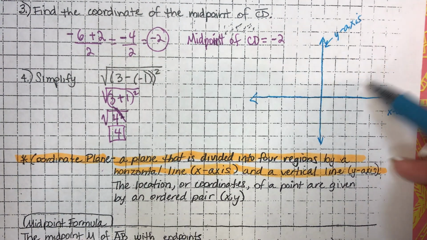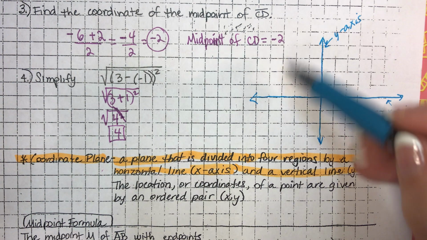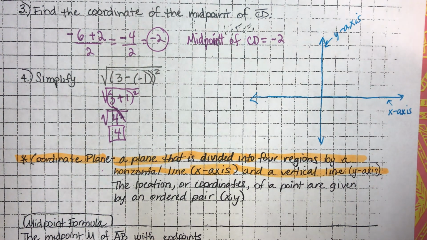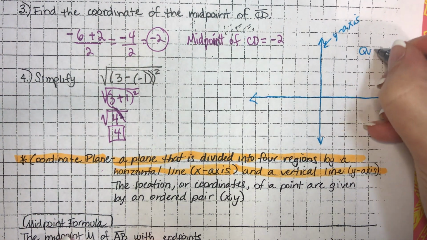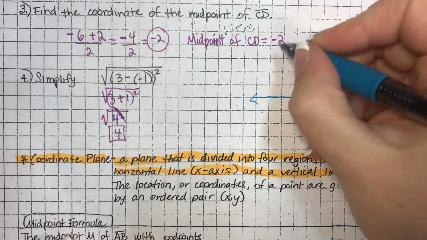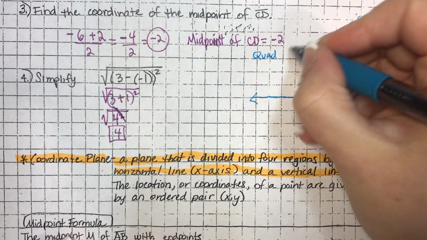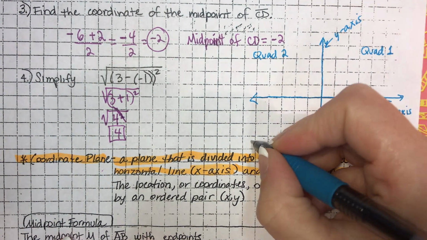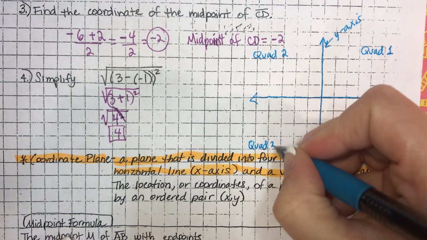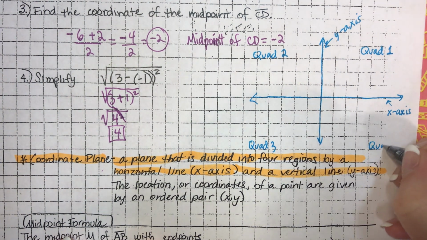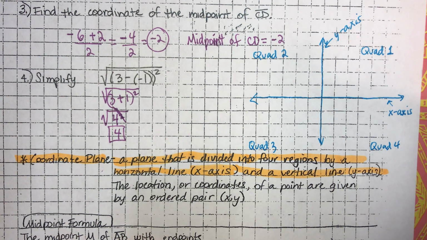It is divided into 4 regions, 1, 2, 3, 4, and these are actually called quadrants. So this is quadrant 1, quadrant 2, quadrant 3, and quadrant 4.